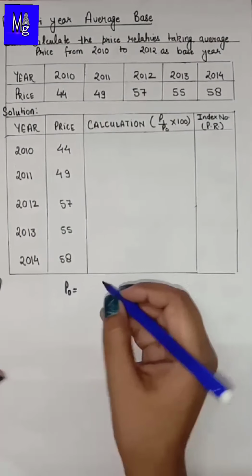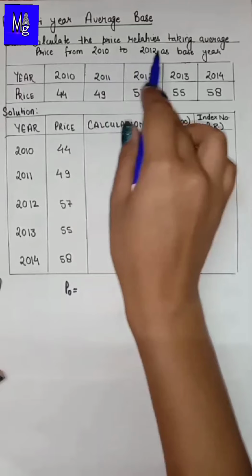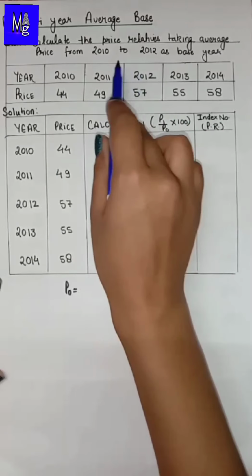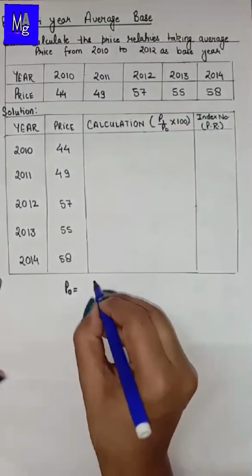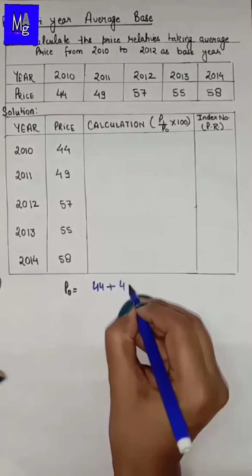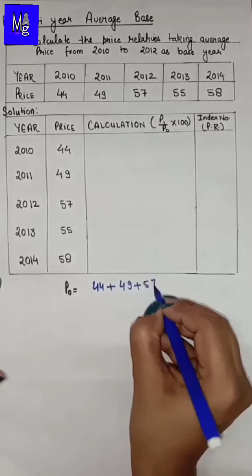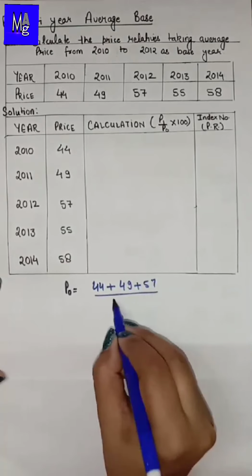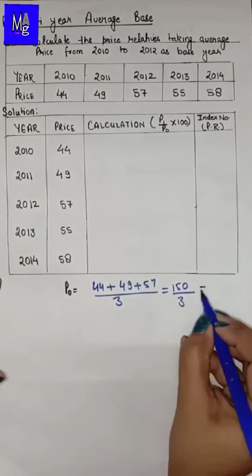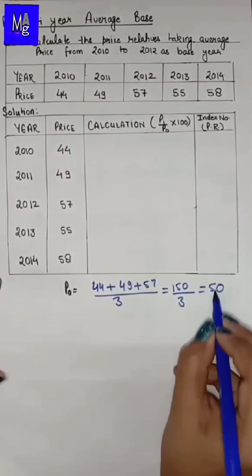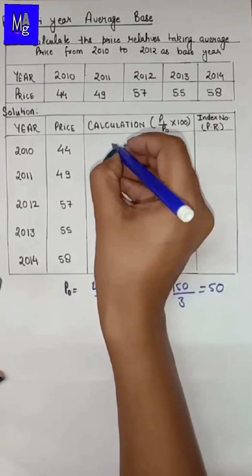You can calculate the base year by taking the average of the prices given for 2010, 2011 and 2012, that is 44 plus 49 plus 57 divided by 3, and this would be 50. So this is our base year that we have calculated.